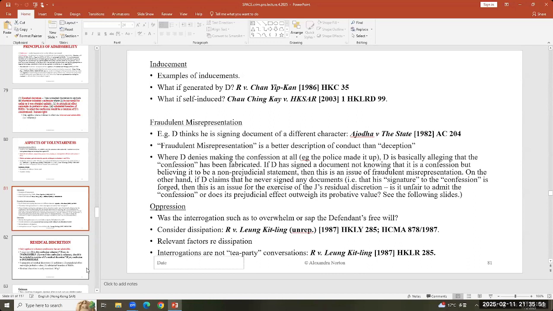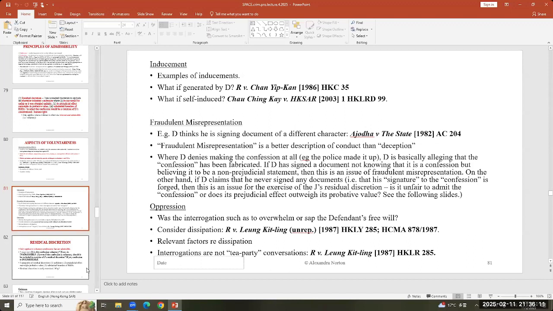But on the other hand, in Chao Ching K, when the defendant made an offer, if you release my girlfriend, I will cooperate and I will tell you about 2 other burglaries I did, the police officer gave no response.